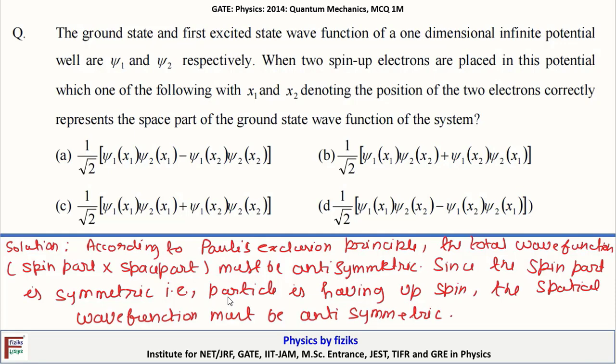Thus, option D is the correct answer, where the space part is antisymmetric.